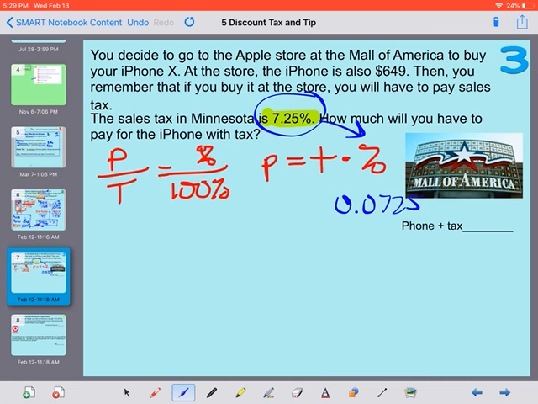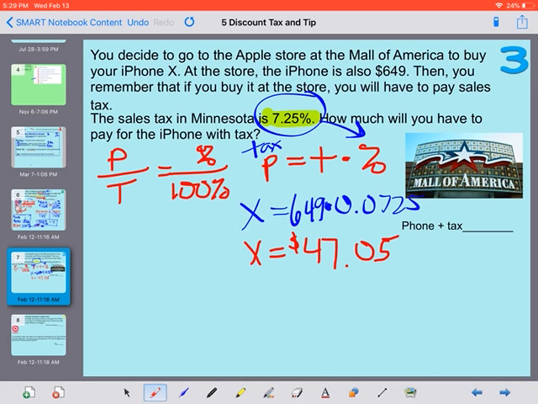And we know that our total price is $649. We want to know what part we have to pay in tax. So if we multiply those, 649 times 0.0725, we get 47.05. So that is the part we have to pay in tax.